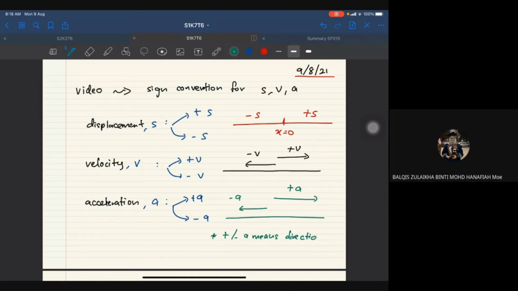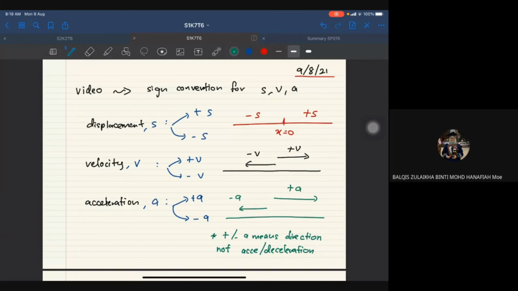The reason why I write this is because in school, some of you might have learned that positive and negative mean acceleration and deceleration. It does not mean positive is acceleration and negative is deceleration. Here in matrix, we learn that negative A means acceleration to the left and positive A means acceleration to the right.